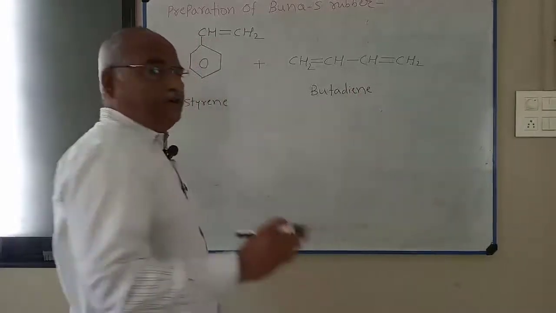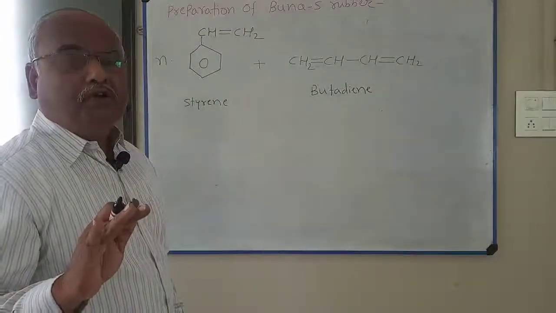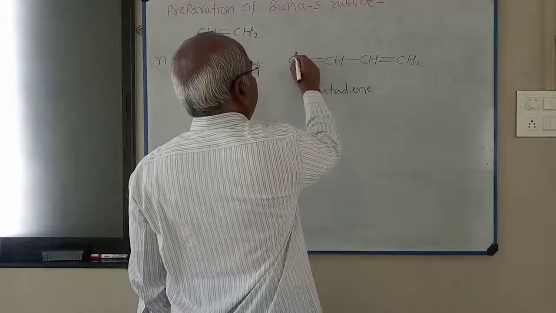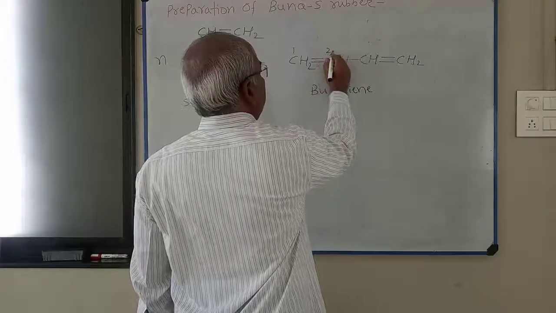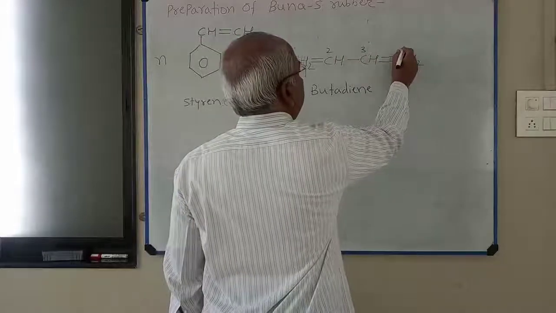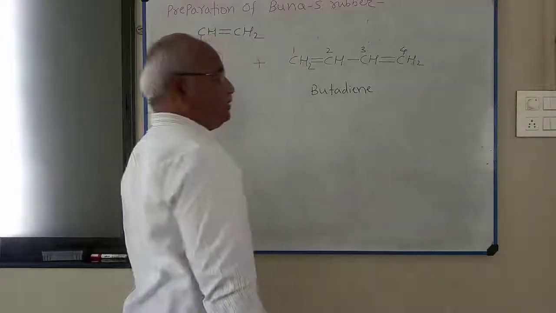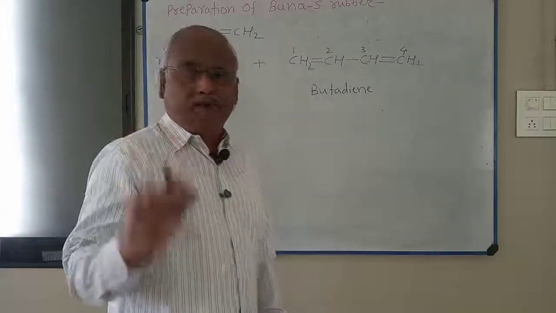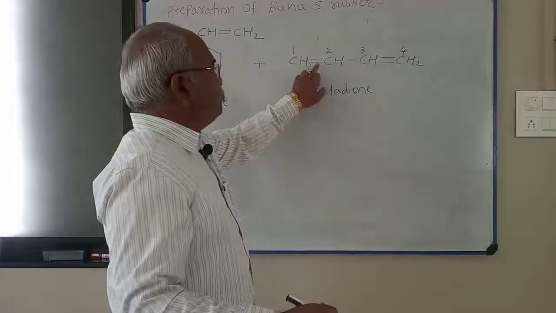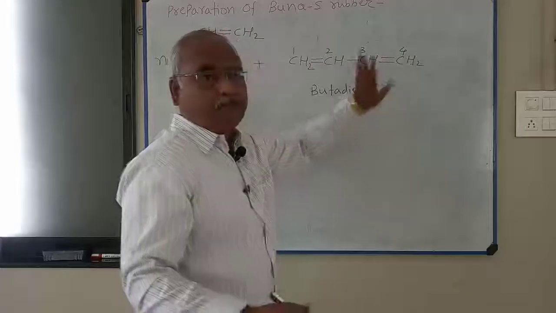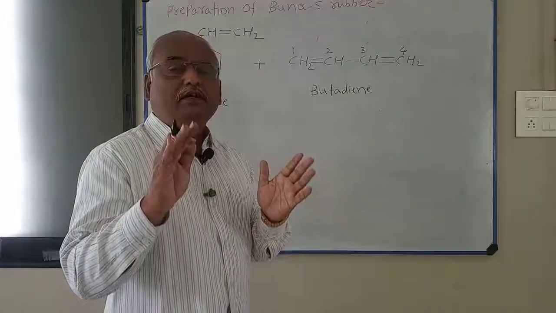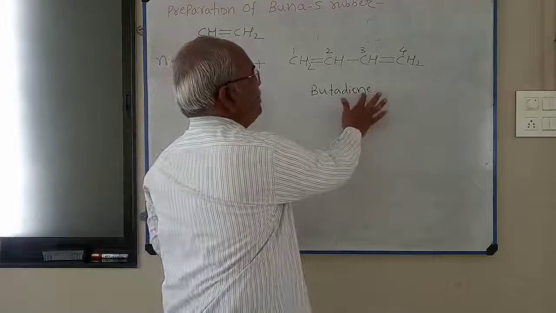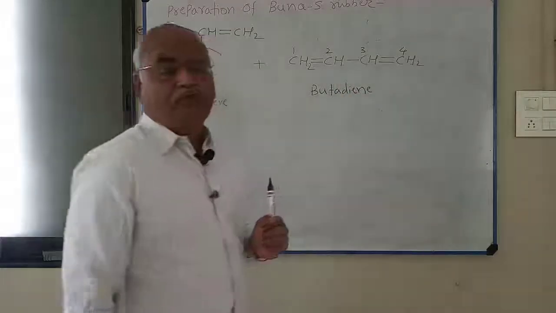How to write the name of this compound, that I am explaining. This is number 1 carbon, 2, 3, 4. It is a derivative of butane. There are 2 double bonds. When double bond is present, the suffix ene is used.